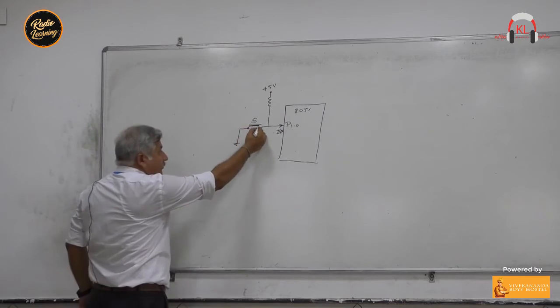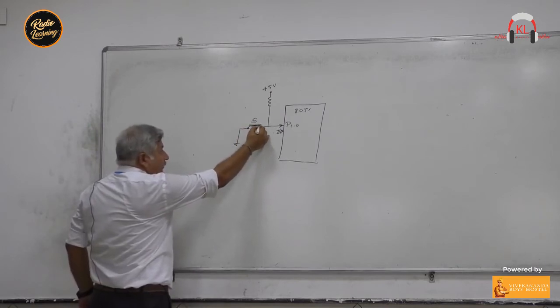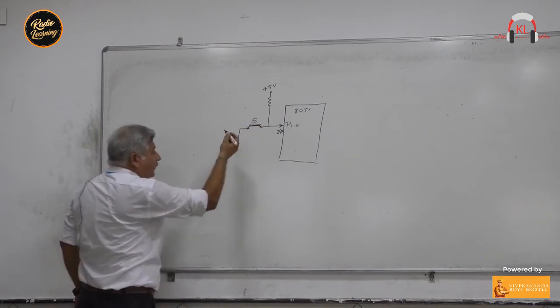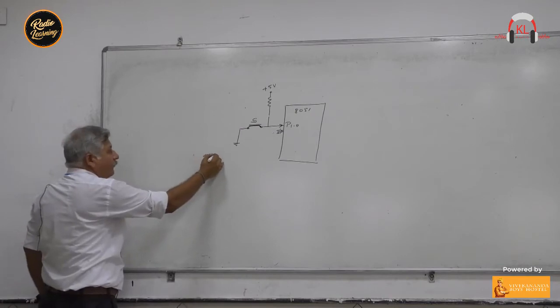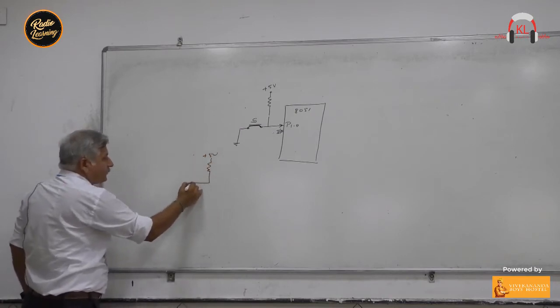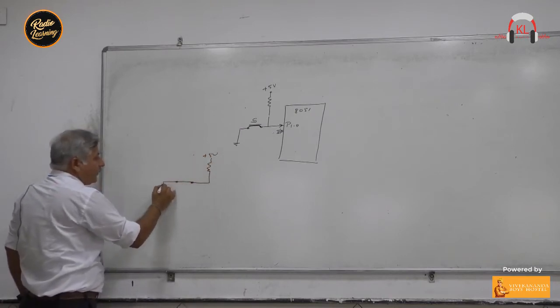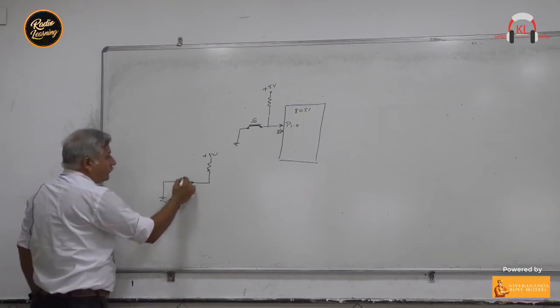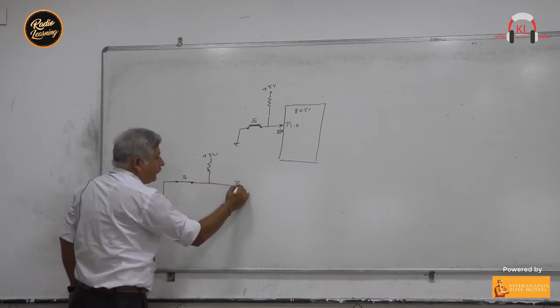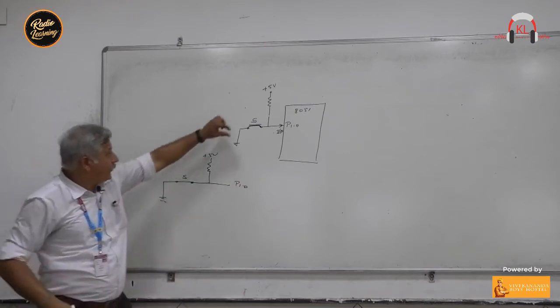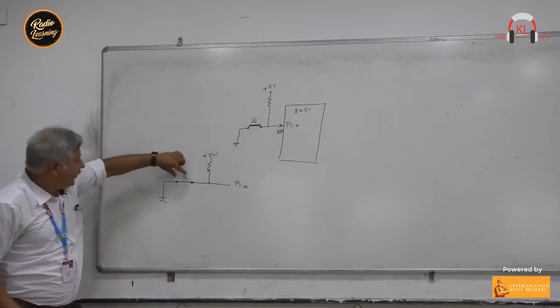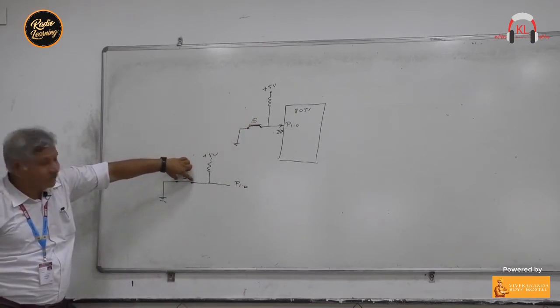And when you press this switch, this metal will come in contact with this metal. So it will look like plus 5 volt, resistance, then this short circuit and this is ground. This is switch S. This is pin number 1.0. So when we press the switch, it is a short circuit.